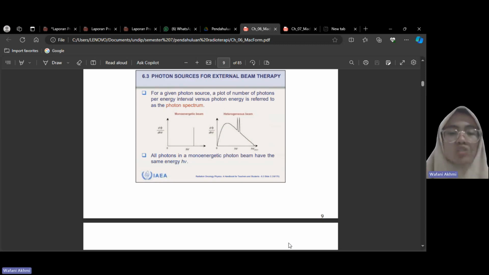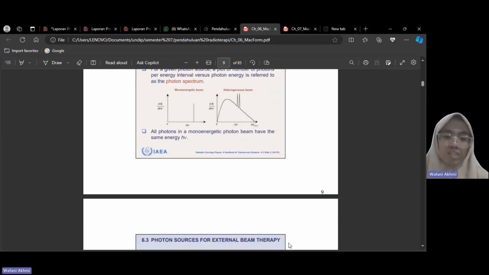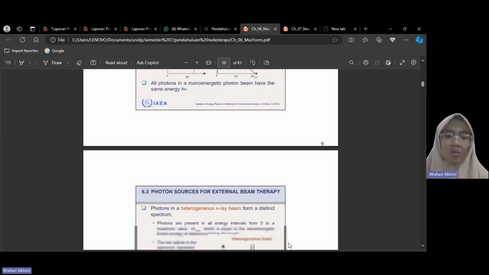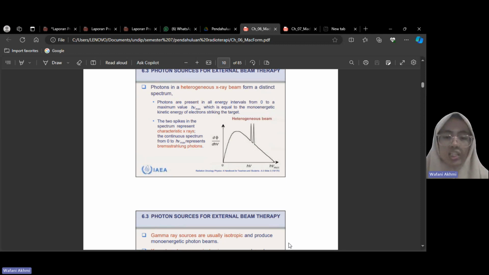For a given photon source, a plot of number of photons per energy interval versus photon energy is referred to as the photon spectrum. All photons in a monoenergetic photon beam have the same energy, hv. Photons in a heterogeneous X-ray beam form a distinct spectrum.